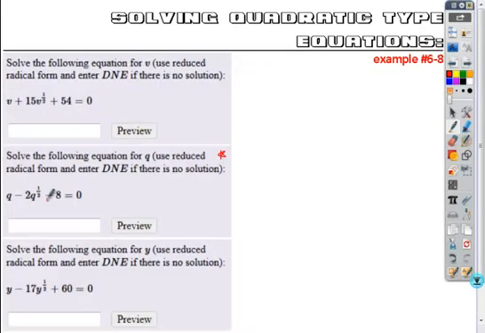Look at this example right here. We're going to talk next class about how to solve radical equations. Because q to the 1/2 is the square root of q, you can solve this using the methods we'll talk about later. But if you can recognize right now that this does fit the quadratic type, we have one power of 1/2 and one power of 1.